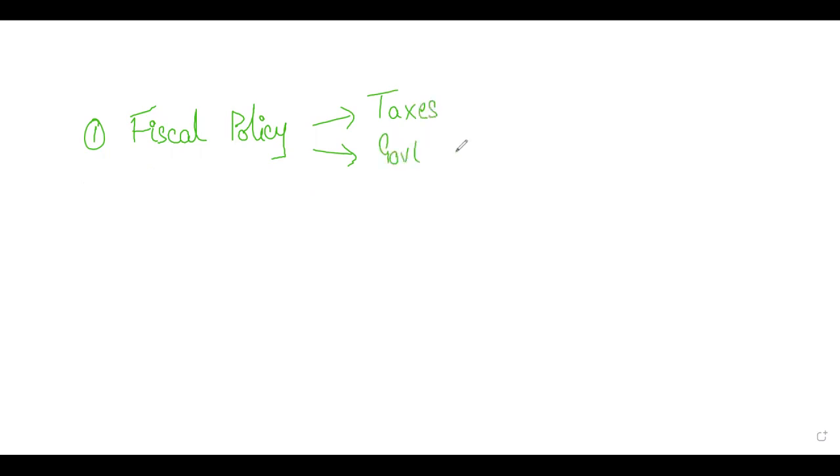Now, fiscal policy is about how much money the government is generating from taxes and how much the government is spending on different projects. So taxes, how much tax revenue the government is generating, and how much government is spending on different projects like infrastructure, education, healthcare, and so on.